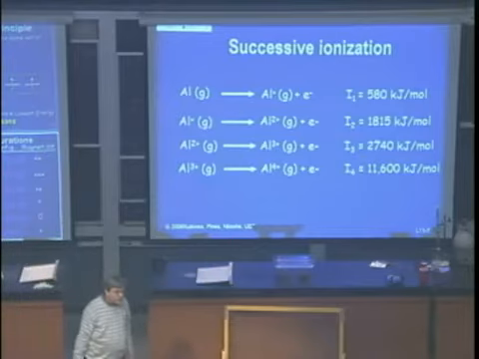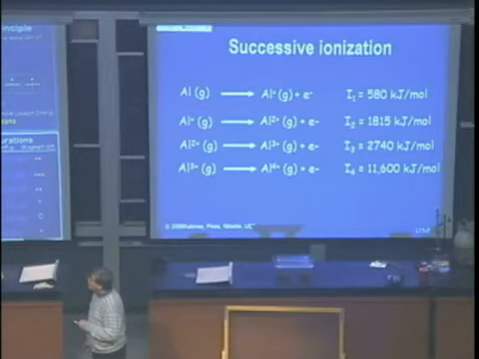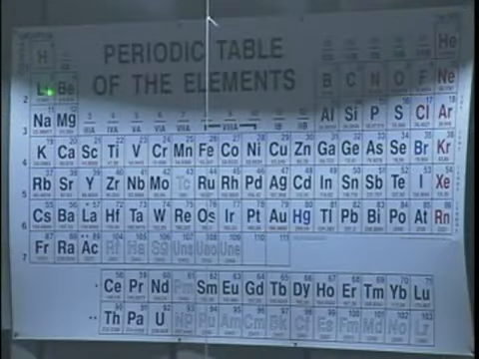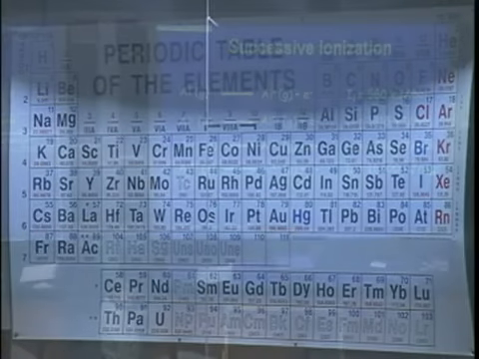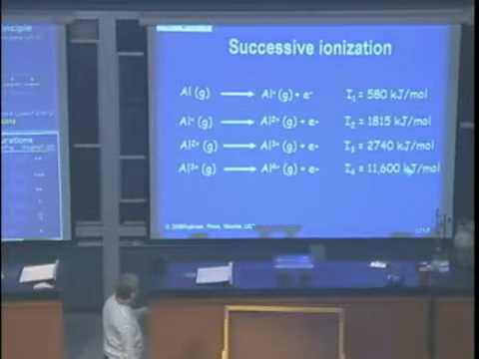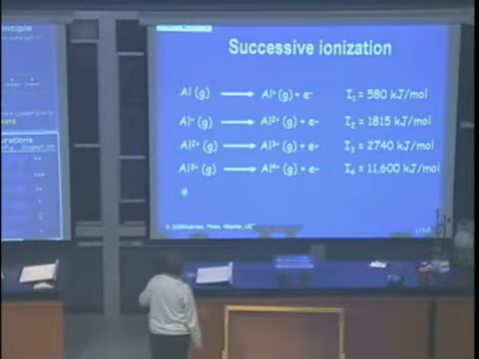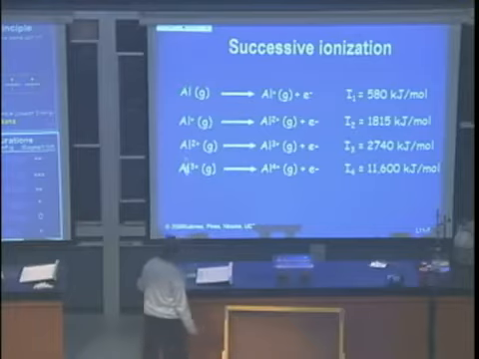I'm at the core electrons. So I need to rip off this here, that would be now the 2p6. I have to take the 2p6 off. And you see how much energy you need for that because it's bound so well? 11,600 kilojoules per mole. This is successive ionization in aluminum.